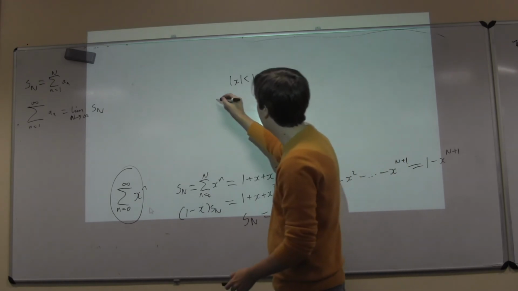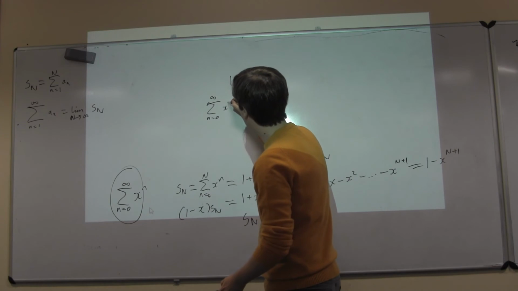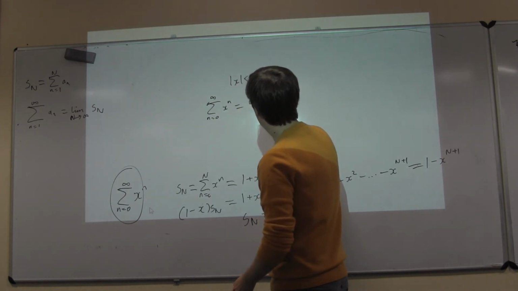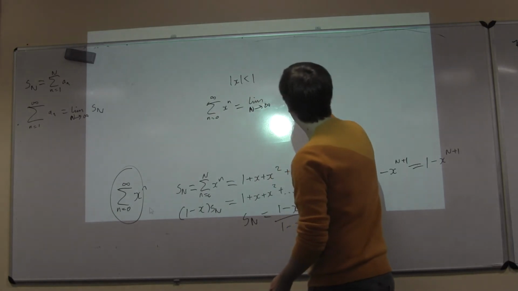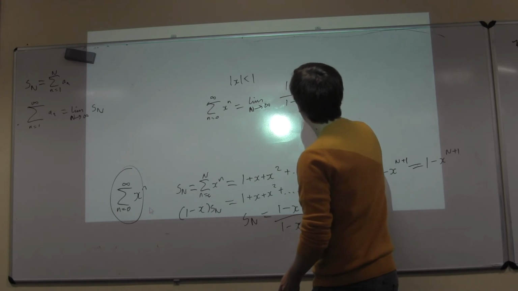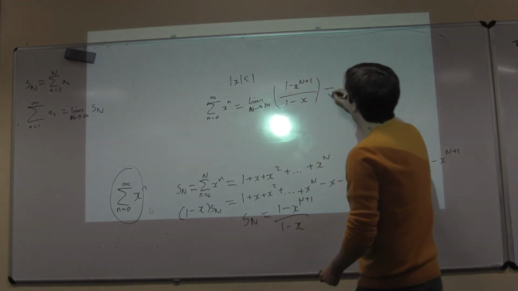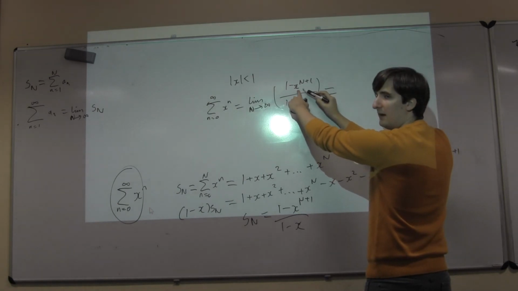Okay, in which case the sum from n is 0 to infinity of x to the n is going to be equal to the limit as capital N goes to infinity of 1 minus x to the capital N plus 1 divided by 1 minus x. Well, if the absolute value of x is less than 1, this is going to go to 0, right?